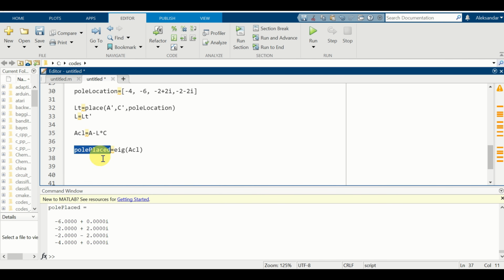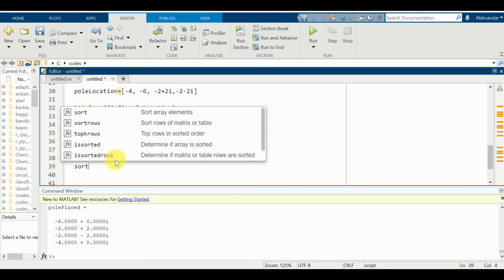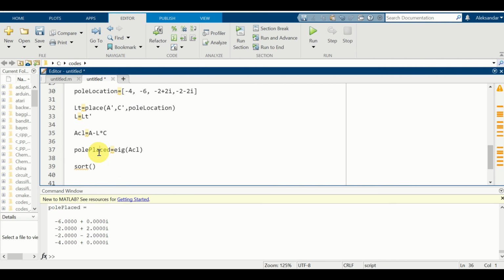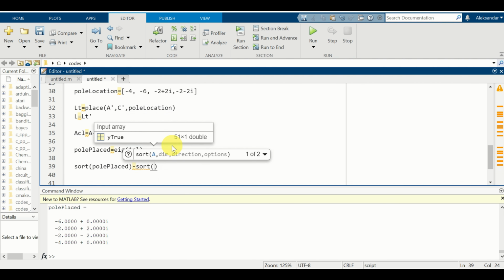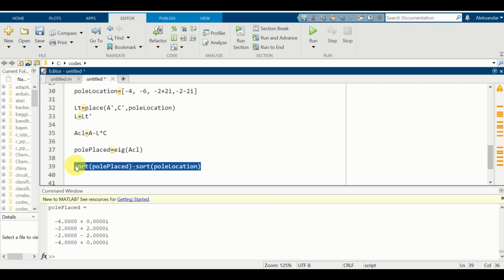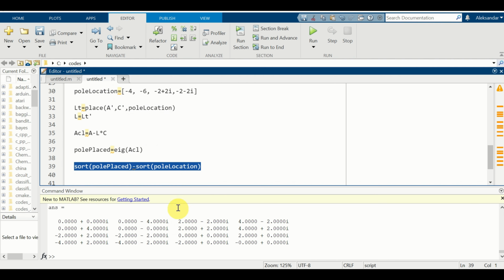Then, let's compare pole placed with pole locations. To do that, let's type this. We can do this, sort, and let's sort pole placed. Then let's do this, minus sort pole locations, and let's see the result. Okay, so there's an issue over here.